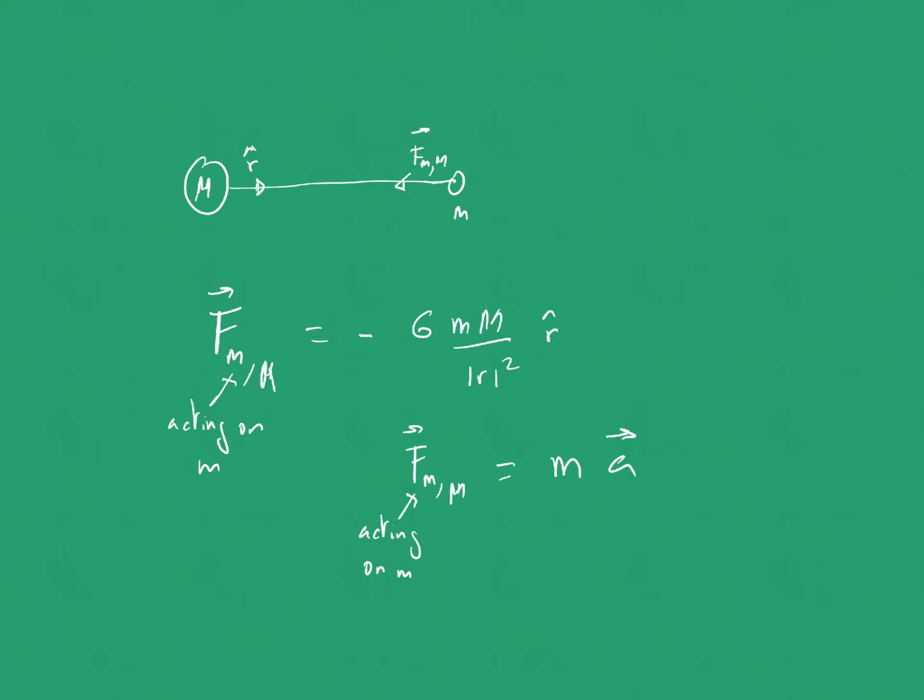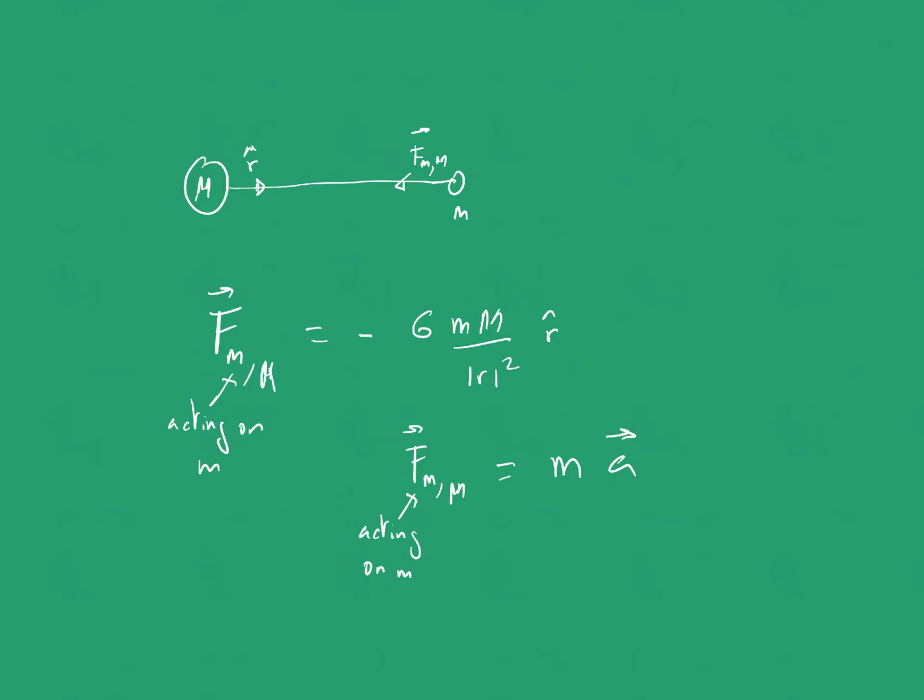The force is an attracting force, going to the left. So if the unitary directional vector is r, the force is going in the negative direction of the vector r, negative r.